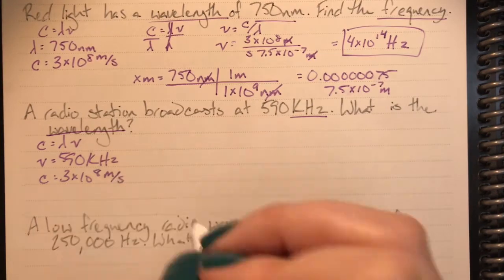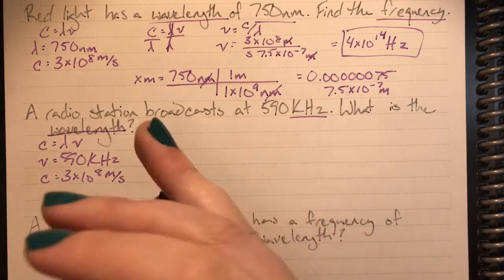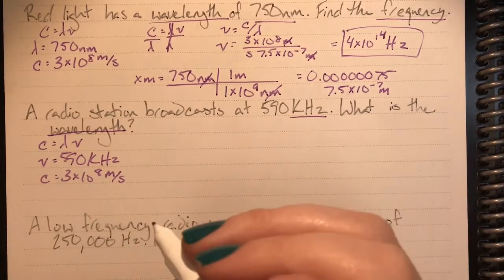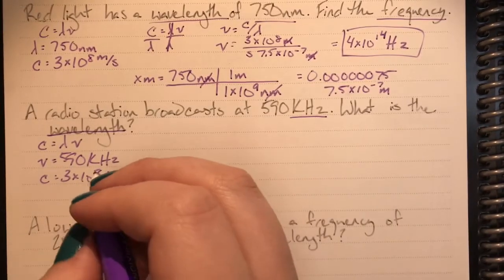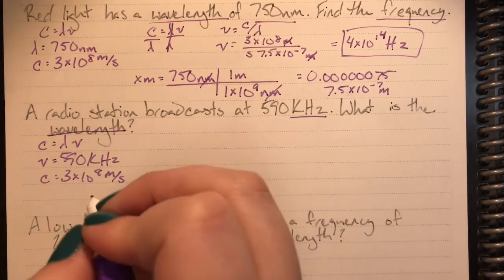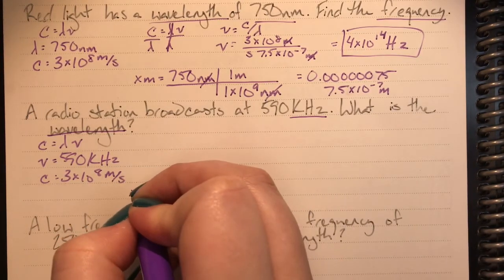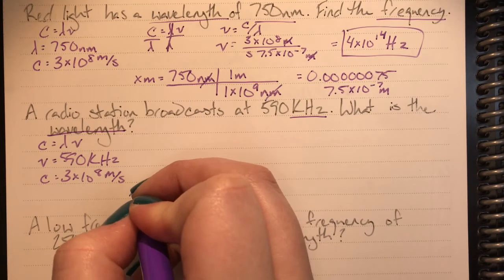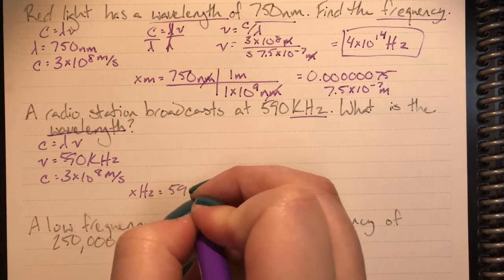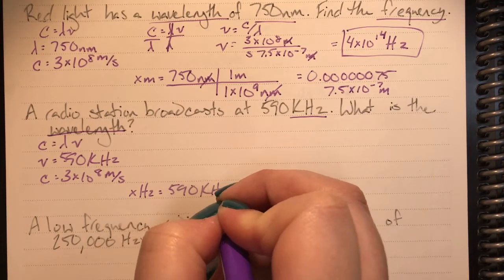Kilohertz, otherwise known as, hertz is one per second, so kilo per second. I need to convert this out of kilo and into just normal hertz. So I'm going to do a quick dimensional analysis. So how many hertz are in 590 kilohertz?